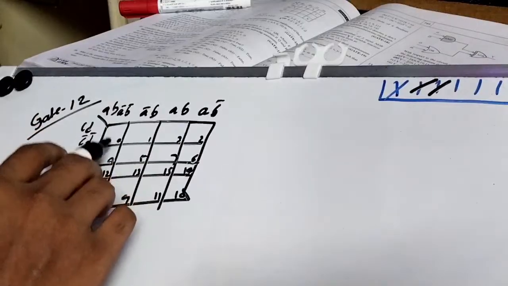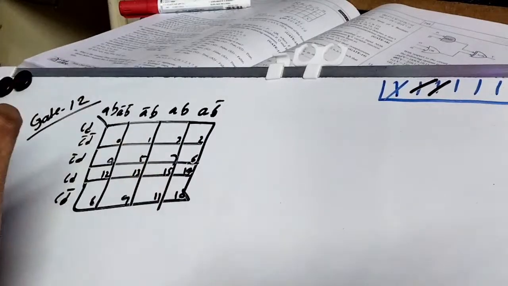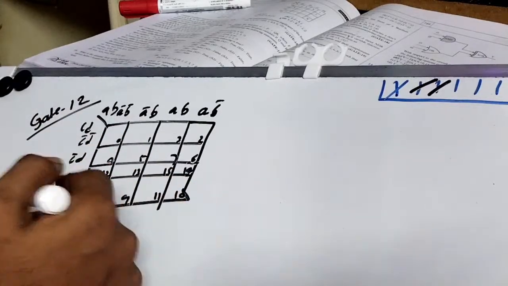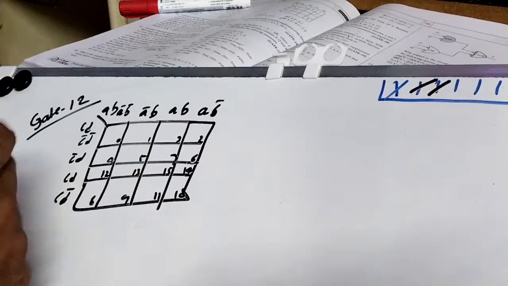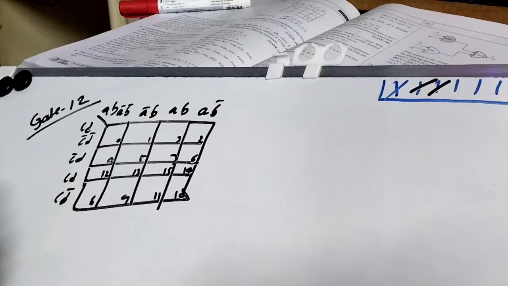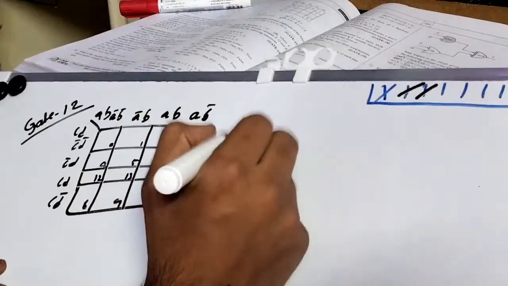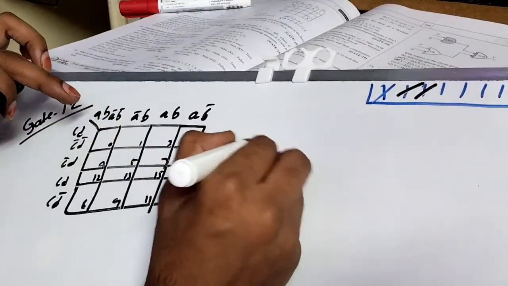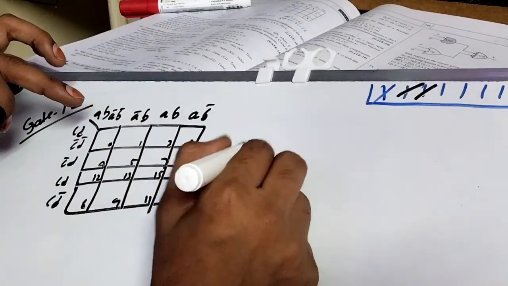If we see these numbers, they differ by one bit. If we convert into binary, we see they differ by only a single bit. Consider 0 and 1: 0 0 and 0 1 differ in one bit.